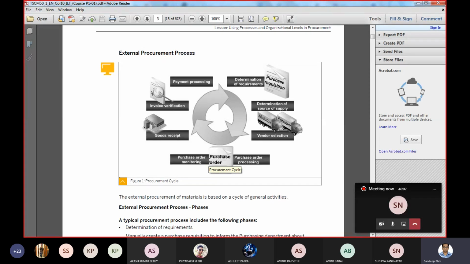All these details, purchasing organization name, vendor name, item details, you need to mention in the purchase order. After issuing it, the vendor will send the material based on the purchase order.